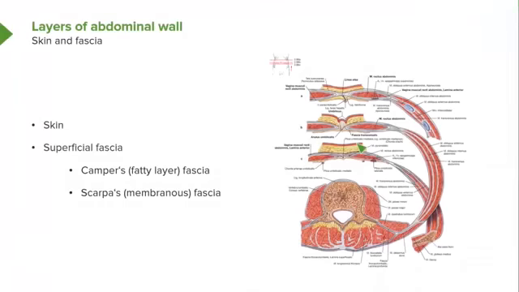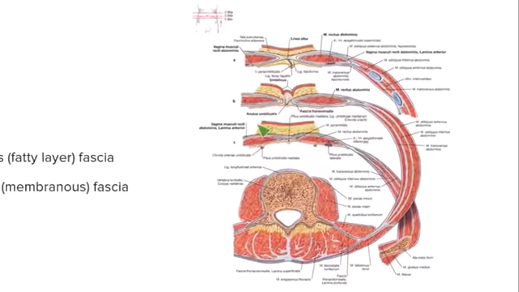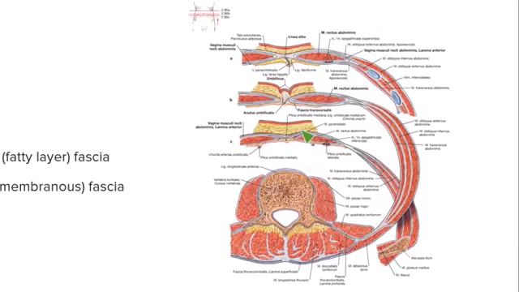We will then have 2 components that make up superficial fascia. The more superficial component of the fascia is this area here, shown in yellow. This is Camper's fascia, also referred to as the fatty layer. The amount of adipose tissue is variable.